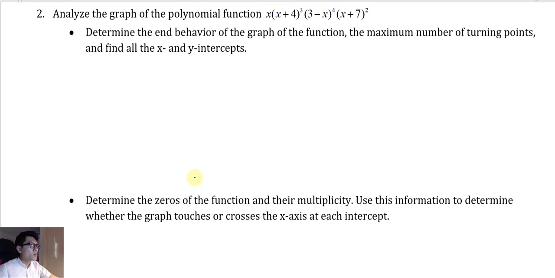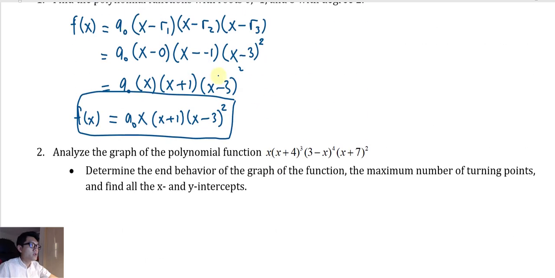The next question: analyze the graph of the polynomial function given here. Determine the end behavior of the graph. Now before we do anything, make sure that we know the polynomial function is written in the standard form, which means go back to the first equation: x minus root 1, x minus root 2, x minus root 3, and so on.